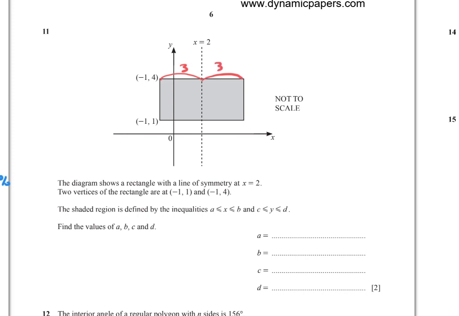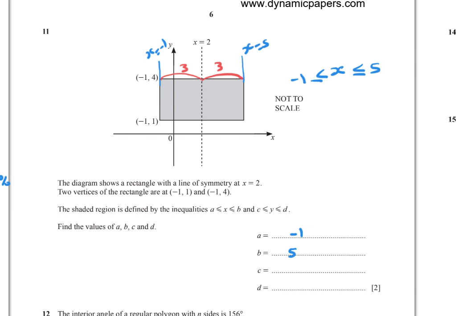So you can deduce that this line is x equals 5 and this line is x equals negative 1, and the shaded region is between negative 1 and 5, so x is more than or equal to negative 1 and less than or equal to 5. Now you can deduce that a equals negative 1, b equals 5.